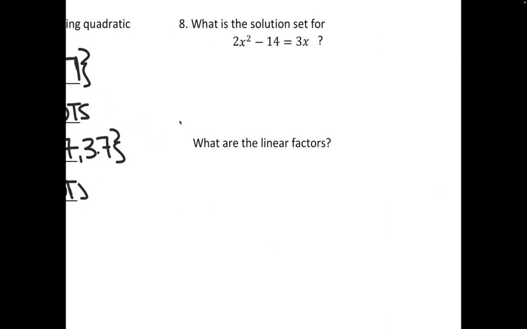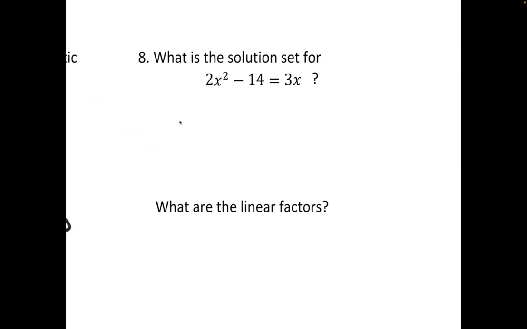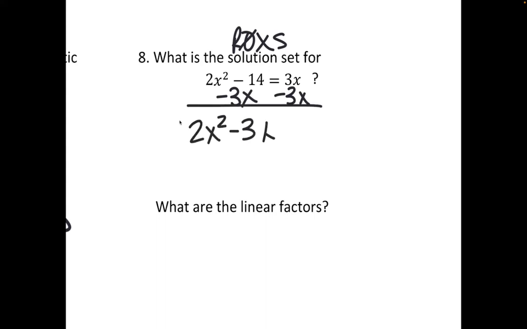Number 8. What is the solution set? Again, solution set is going to be your roots. You need to move this 3x over by undoing it. So you have to always set it equal to 0 first. And then you can graph this.